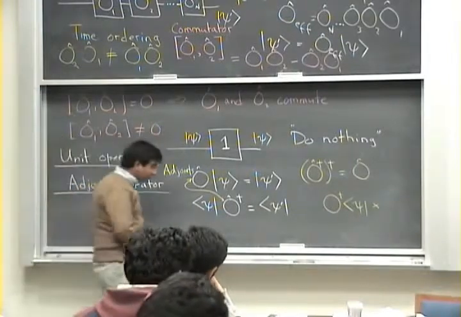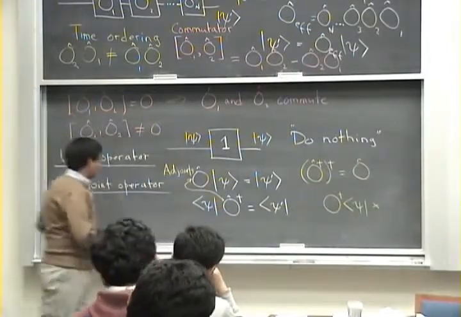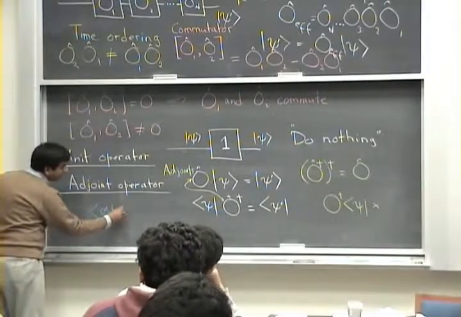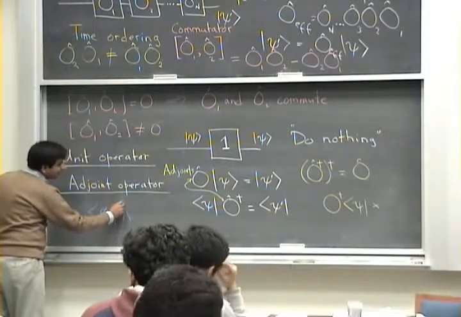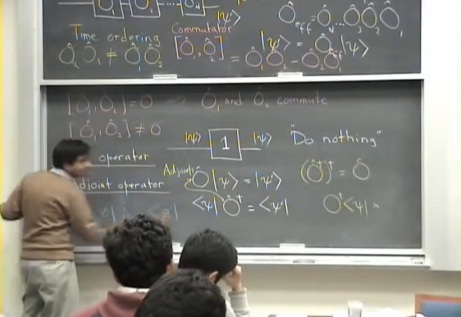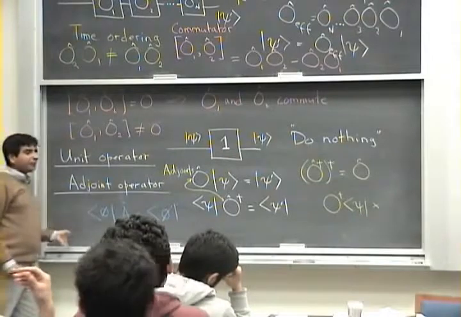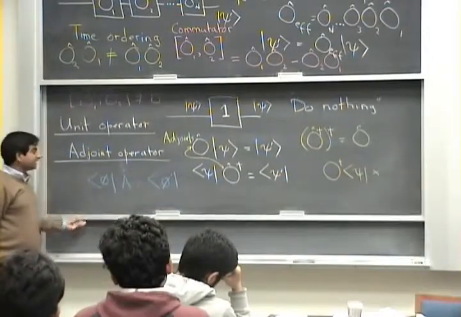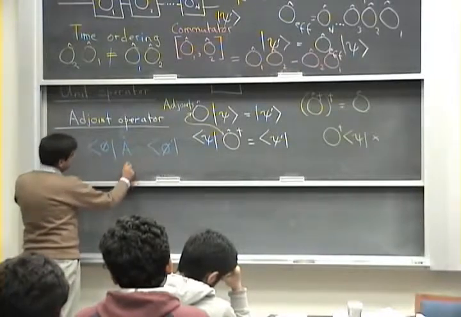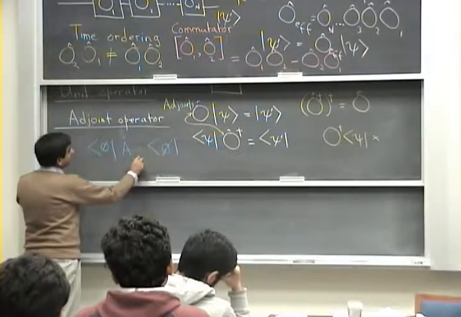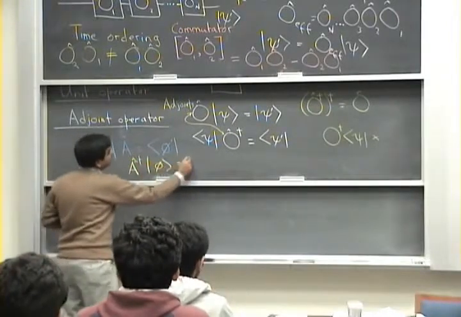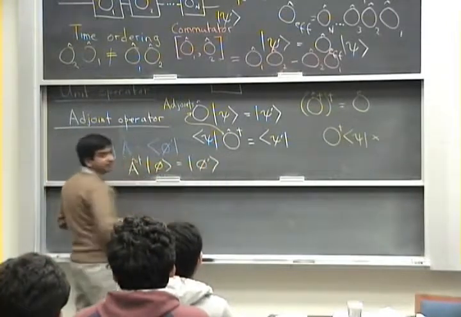Of course, I can also write, say, some ket phi. I can have an operator A acting on phi to give me phi dash, a new ket. And if I want to write this in its dual space, then I would write A dagger acting on bra phi to give me bra phi dash. Alright?